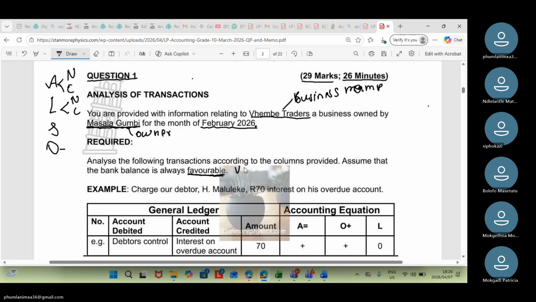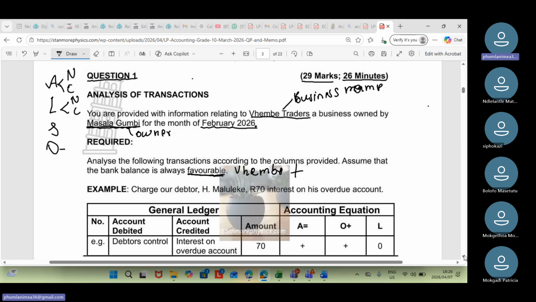If the bank balance is favorable, they have a positive bank balance. If it was unfavorable, it means we have a bank overdraft, a negative on our bank account as Vembe Traders.